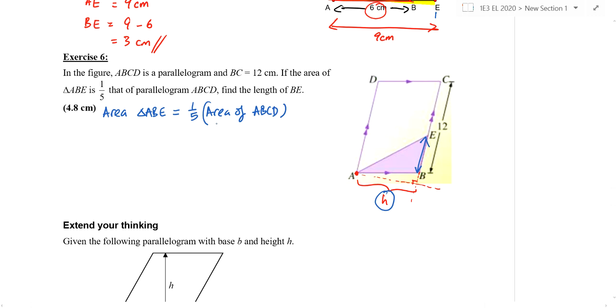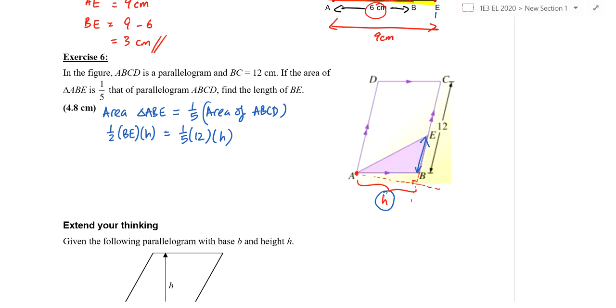So area of ABE, half times BE times the height, is 1/5 the area of the parallelogram, which is base of 12 times height. It is the same height.